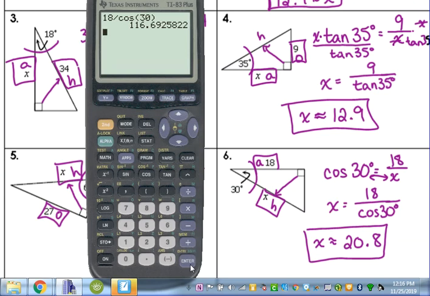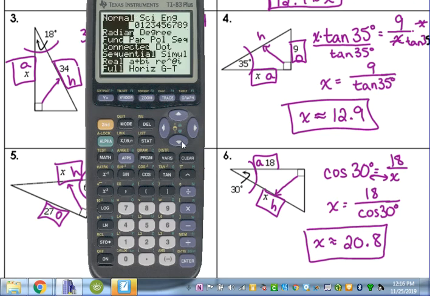Probably not. Okay, you can't always trust the pictures, but these are drawn purely to scale. That should be a 30-degree angle. So you can tell this leg, yeah, it's longer, or the hypotenuse is longer than this leg, but not by that much. Shouldn't be 116 in length.